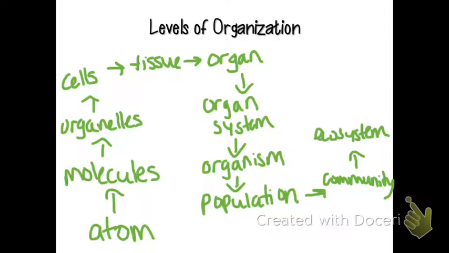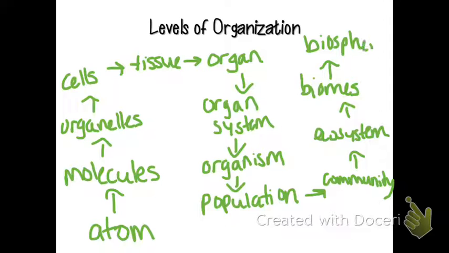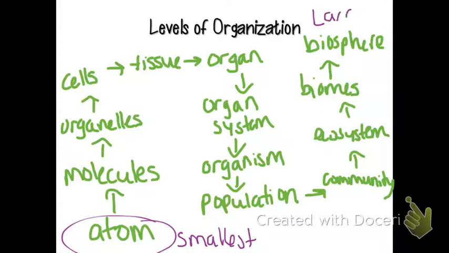Ecosystem includes the living and the non-living parts of the community, of the environment. Ecosystems together make up biomes. And the different biomes make up the biosphere, or the earth. So over here, atom is our smallest part, smallest level of organization. Biosphere would be our largest level of organization.